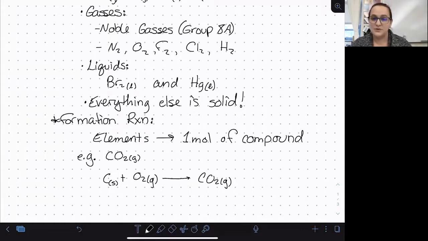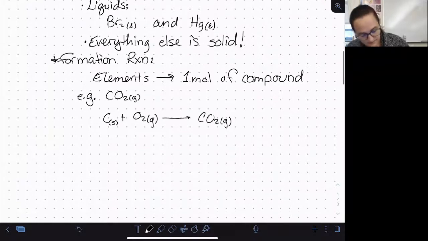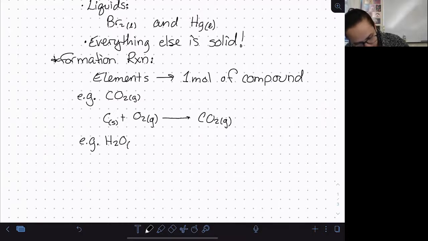So carbon plus O2 forms CO2 would be the formation reaction for carbon dioxide, and the delta H of that reaction would be the heat of formation for carbon dioxide gas. So let's try another example. Let's look at H2O. Why don't you pause here and try to write the formation reaction for liquid water.